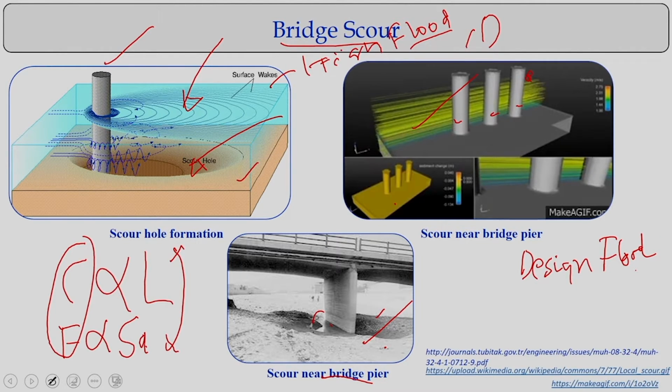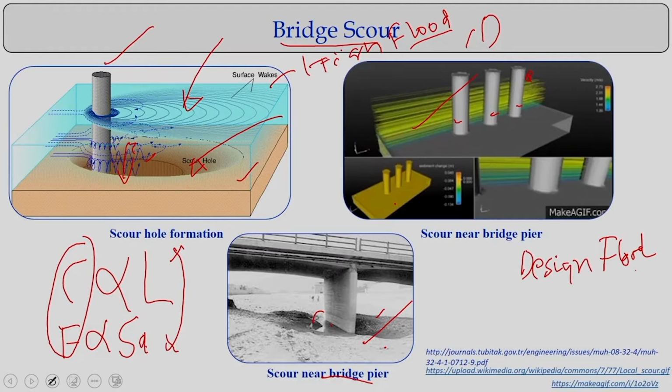Hydraulically, you have to look at the safety of the bridge during high extreme floods, when you will have high scour depth formation at the bridge piers. We will talk about other components in the same way.